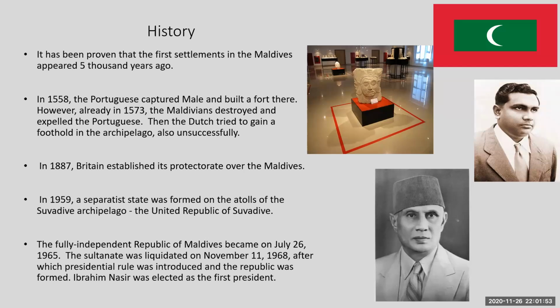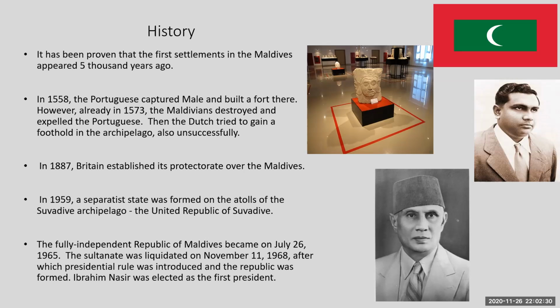But before the republic and independence, it was dominated by Great Britain, and now we can see that it was also dominated by the Portuguese. Here are some details: in this particular year, the Portuguese captured Male and built a fort there, but the Maldivians destroyed it and expelled them.